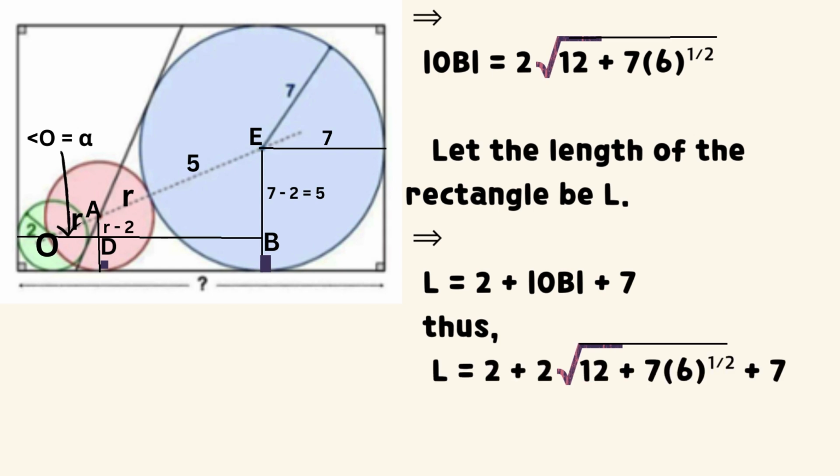Let the length of the rectangle be L. Thus, L equals 2 times the length of line OB plus 7. Hence, L equals 2 times 2 times the square root of (12 plus 7 times the square root of 6), plus 7. Simplify.